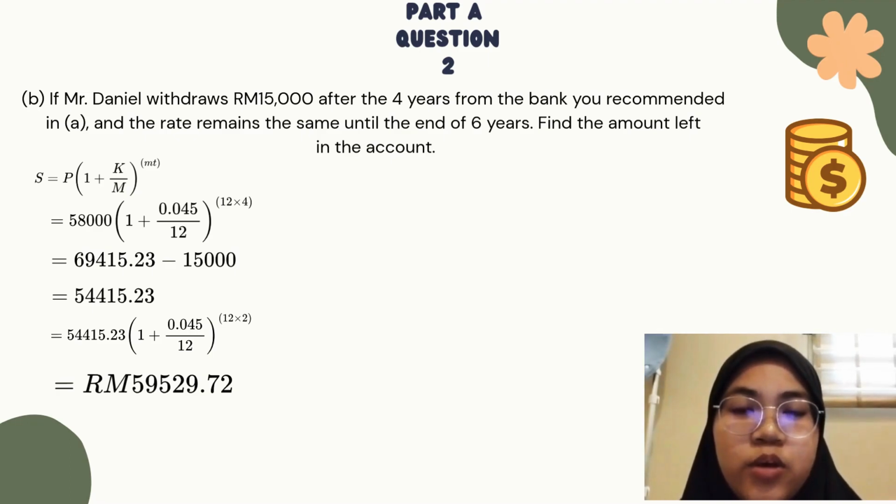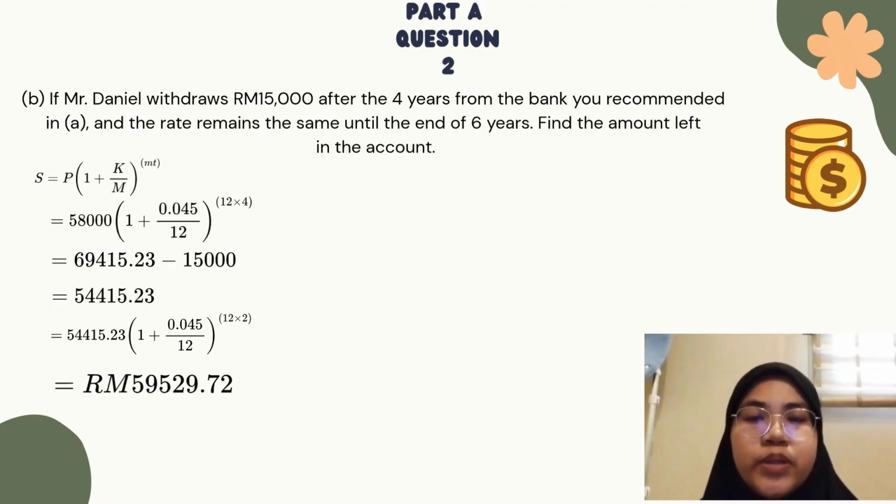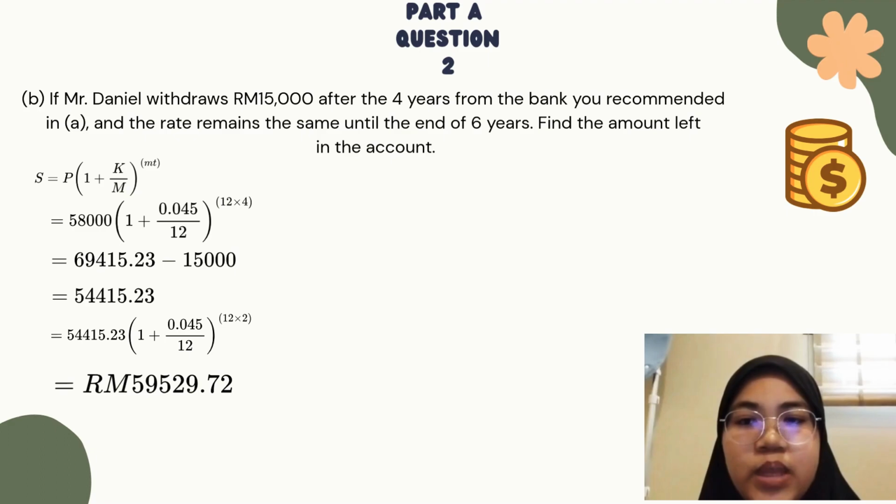Now question B, you can pause the video to read the question. First, I used the compound interest formula and started with 58,000 ringgit at an annual rate of 4.50% compounded every month for 4 years. That gave me about 69,415 ringgit 23 cents.